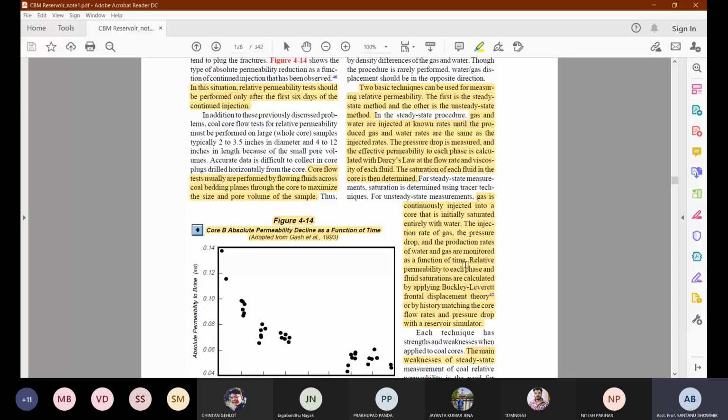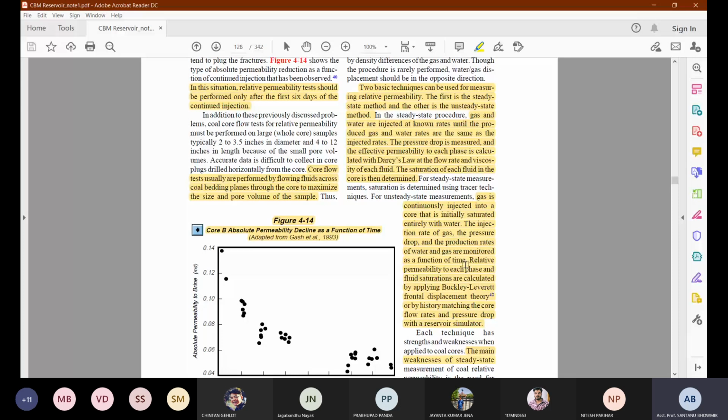Okay, so this unsteady or the steady technique, both of them have some plus, some minus. Sometimes some of them are advantages, sometimes some are disadvantages. Steady state analysis is very difficult.